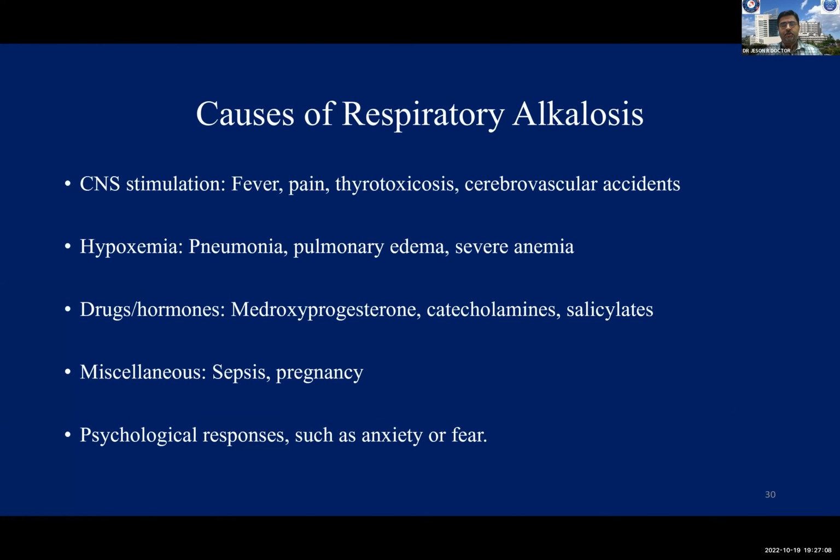Causes of respiratory alkalosis are hyperventilation, which washes out the CO2, like fever, thyrotoxicosis, pain, certain drugs like progesterone, salicylates, pregnancy, anxiety, fear, and psychological responses.